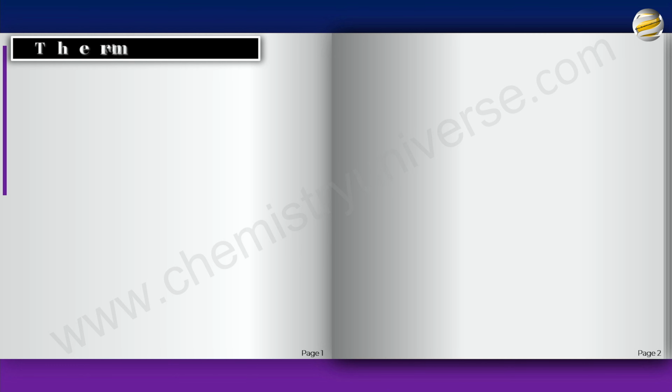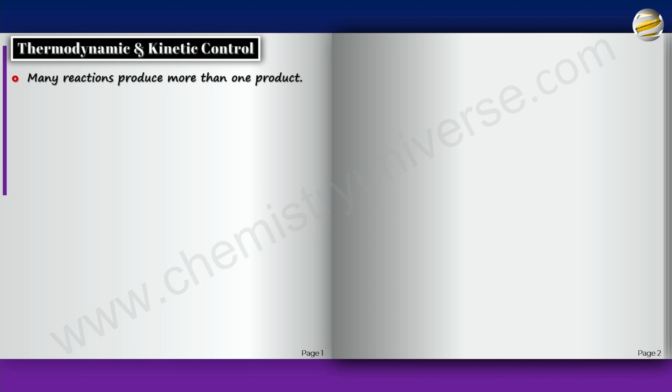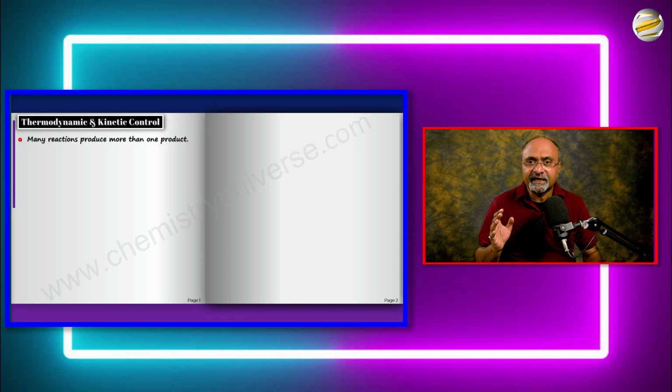Now, thermodynamic and kinetic control. So let's start with that. Now, many reactions produce more than one product. Before I jump into this, let me make sense of this line.